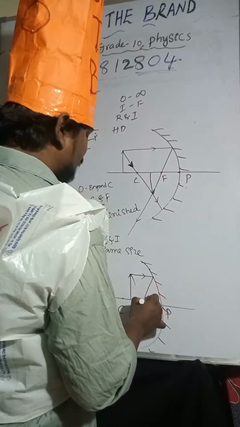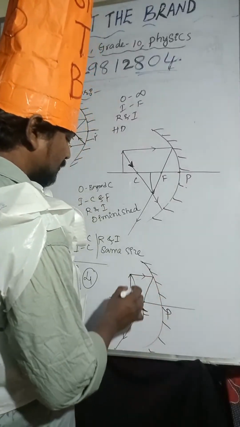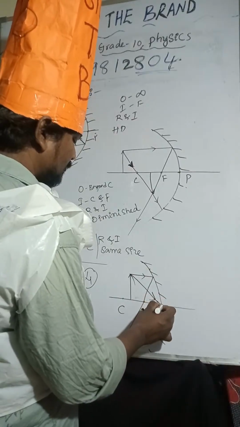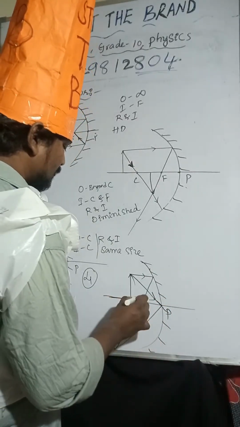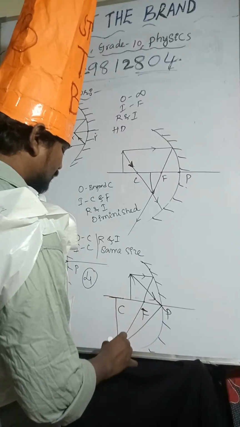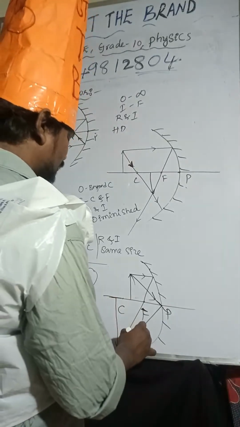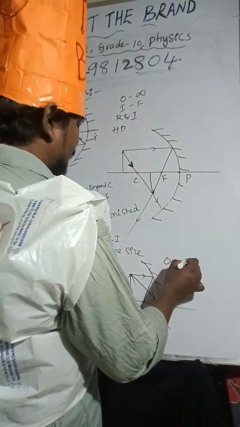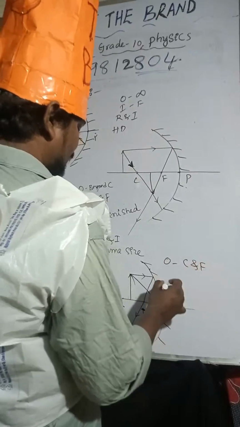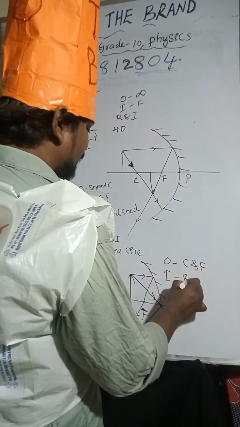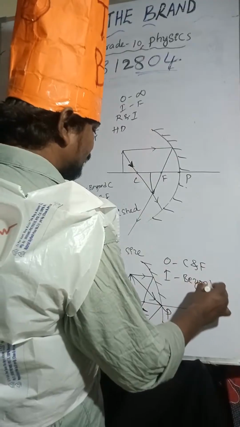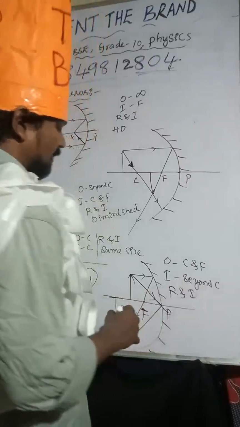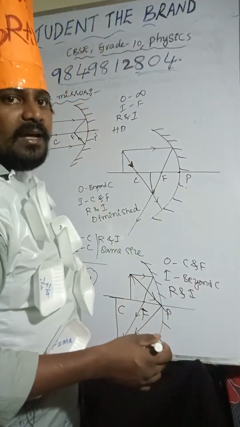So object is placed between C and F. Image is forming beyond C. Nature of the image is real and inverted, and the size of the image is enlarged.